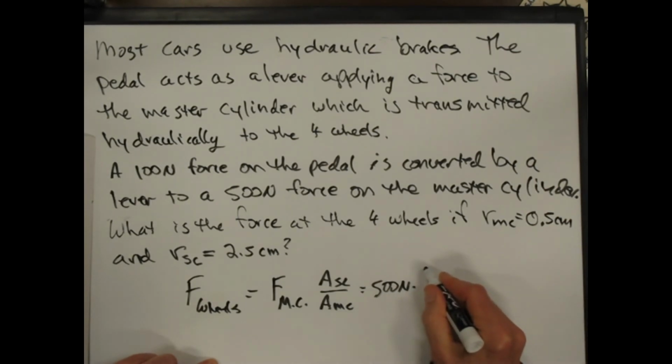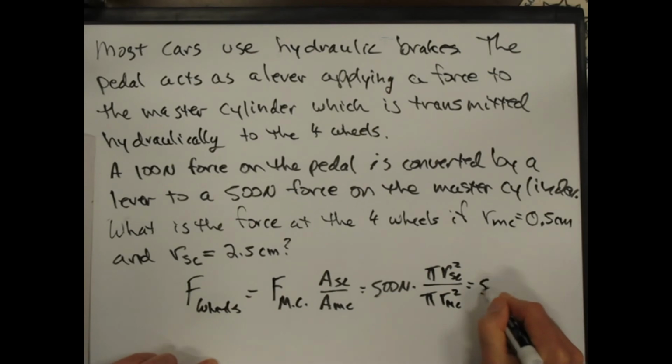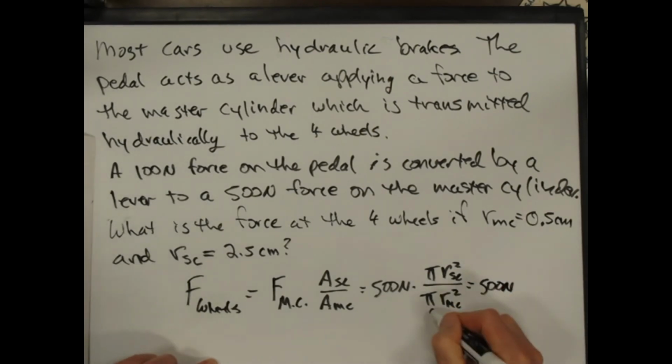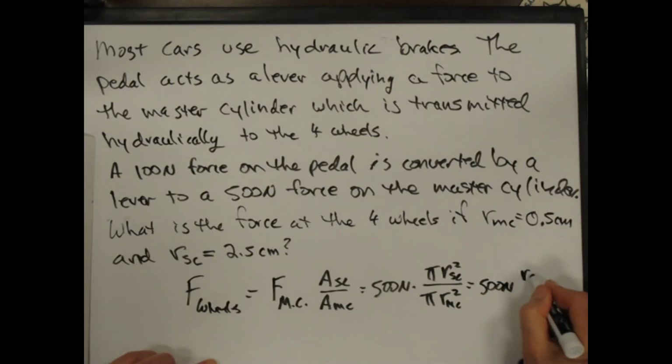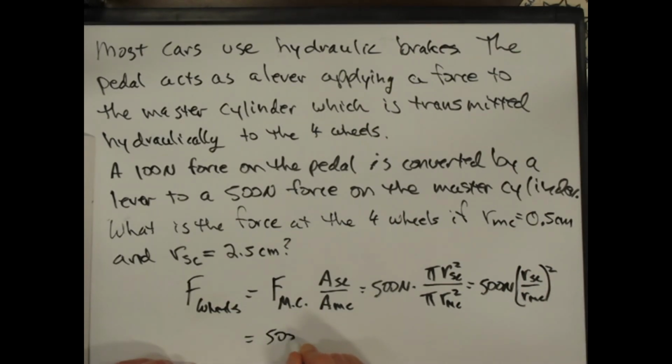And the area of the slave cylinder is pi times r slave squared, divided by the area of the master cylinder, which is pi times r master squared. The pi's cancel, and this just gives me r slave over r master, squared. But the slave is 2.5 centimeters and the master is 0.5 centimeters, so that's a 5. So it's 500 newtons times 5 squared, which is 25.